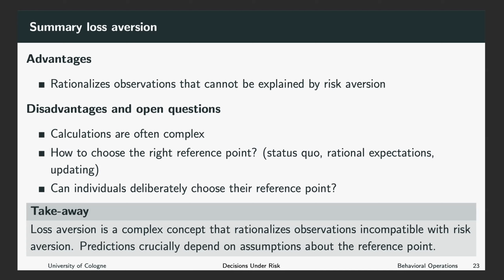So loss aversion gives us some flexibility to explain important observations, but on the other hand, this flexibility also has a downside, because more flexibility means that you can explain more. And explaining more means that your predictions are not that precise.